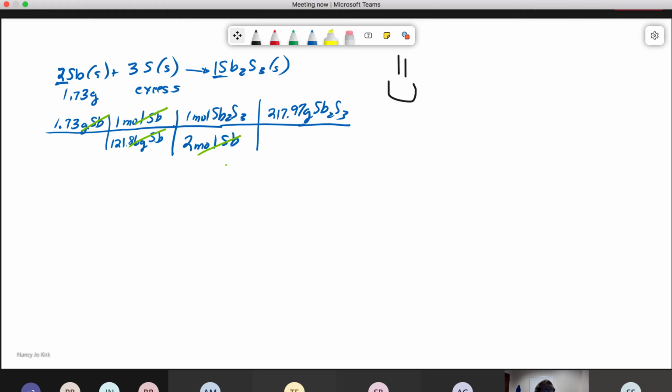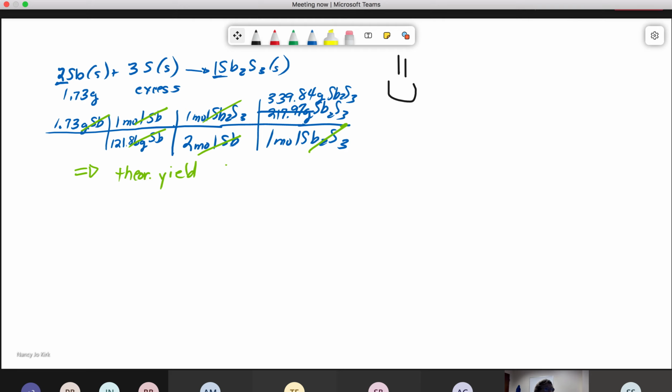Sorry. 339.84 grams of Sb2S3 for every 1 mole of Sb2S3, if I calculated that right. My moles cancel. And this gives me my theoretical yield. I'm not going to do the math, I didn't work out that number.